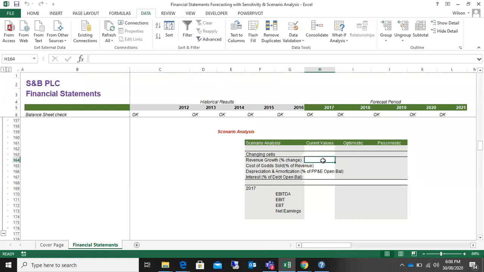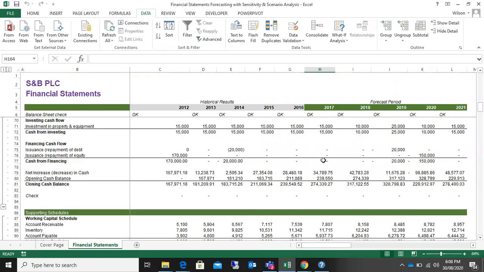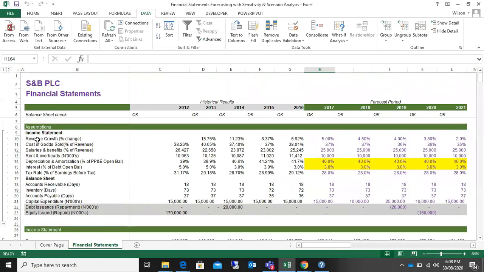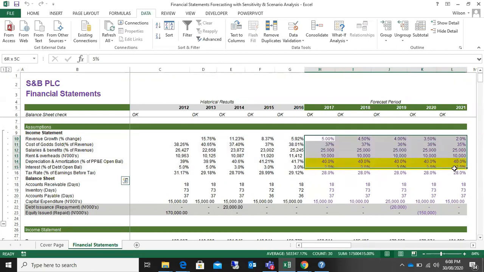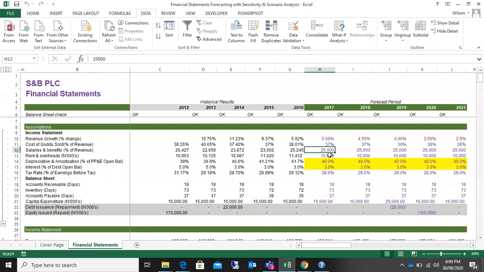Now, when you are doing scenario analysis, rather, you look at all these assumptions that you have made. Now, these assumptions that you have made, everything is here, right? Each of these assumptions that you have made is actually a base case. If I say, for instance, what is the impact of having revenue growth rate at 5% and cost of goods sold at 37%, flat rate of salaries and benefits of 25,000, rent of 10,000?